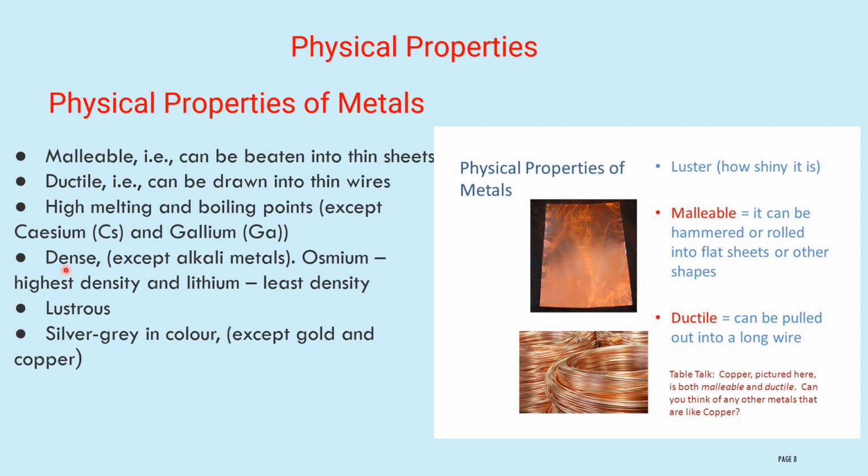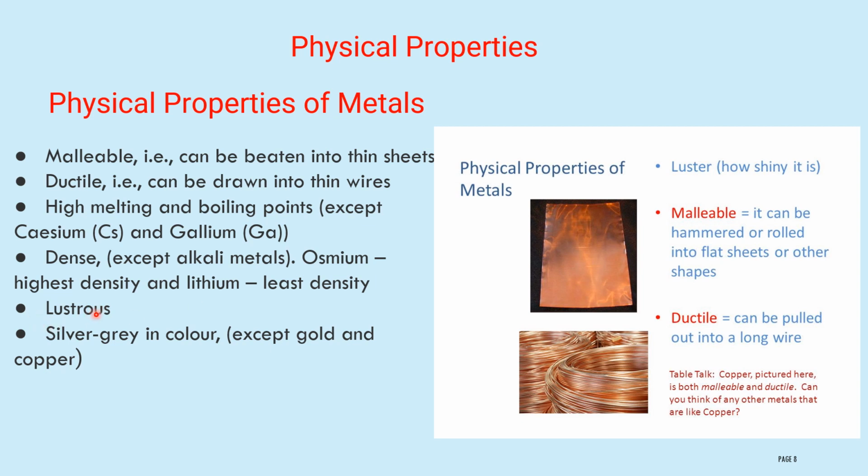There is no gap between the particles, therefore they are dense. Except alkali metals, they are not dense. Osmium is the example of higher density, and lithium is the least dense metal.